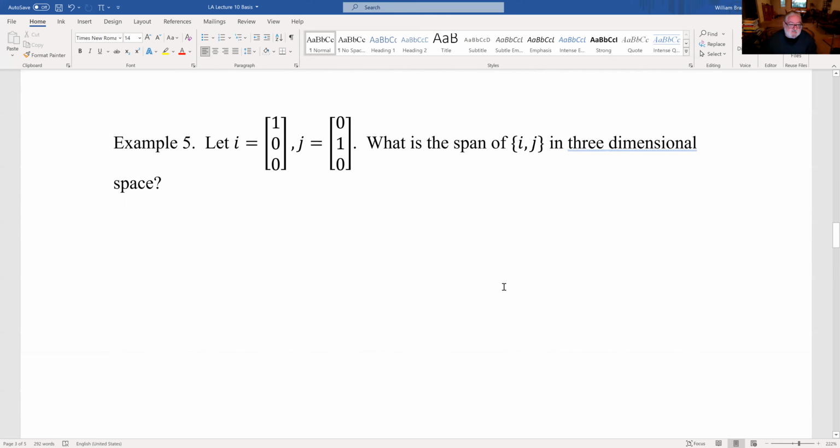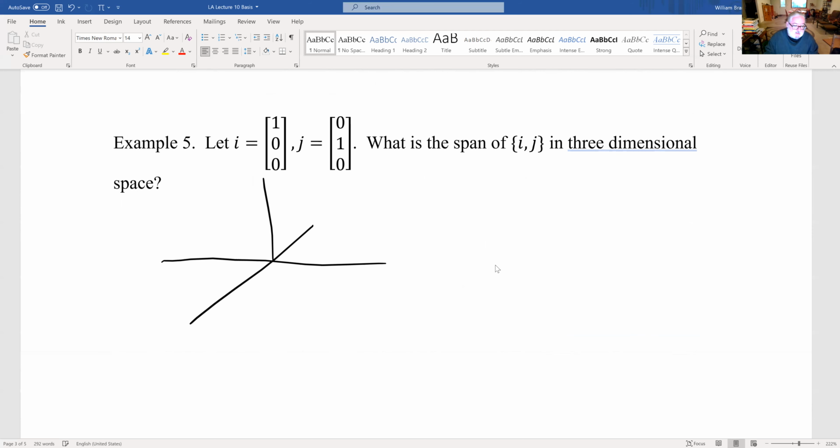And so if we think about these two basis vectors, i and j in three dimensions, i is this vector that points along the x-axis, j is this vector that points along the y-axis. We only have two of them and we're in a three-dimensional space.